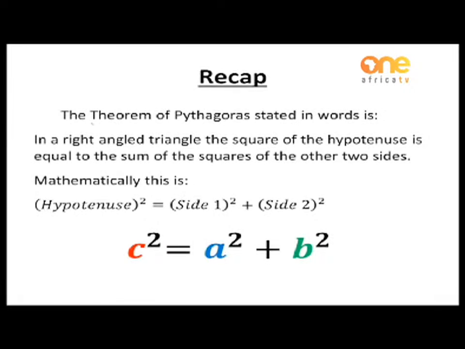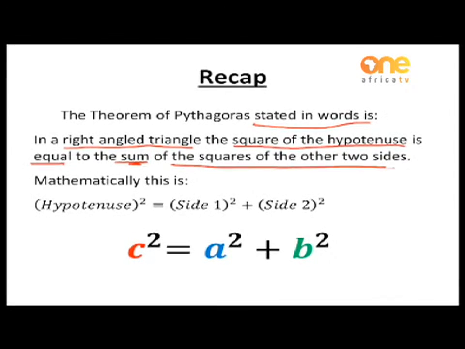So, the theorem of Pythagoras stated in words is, in a right angle triangle, the square of the hypotenuse is equal to the sum of the squares of the other two sides. So mathematically, this is the hypotenuse squared is equal to side 1 squared plus side 2 squared.